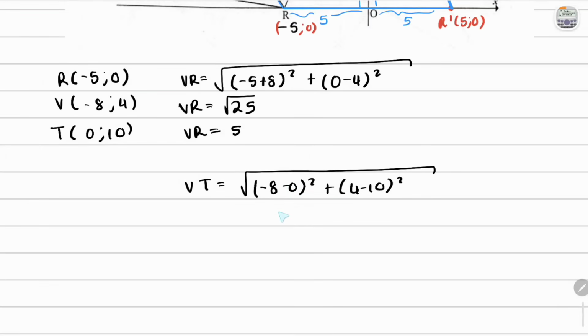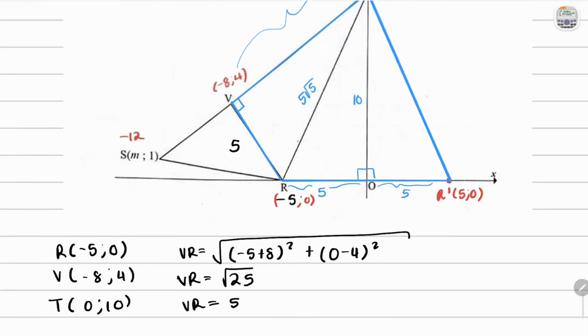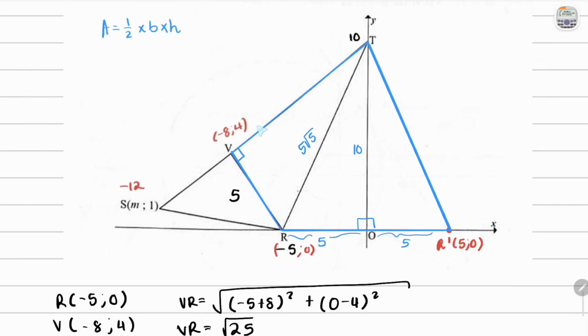That's going to be 8 squared, which is 64. 4 minus 10 is negative 6, so that's 36, and that's already 100. So VT equals the square root of 100, which is 10. So yes, these three triangles are congruent.